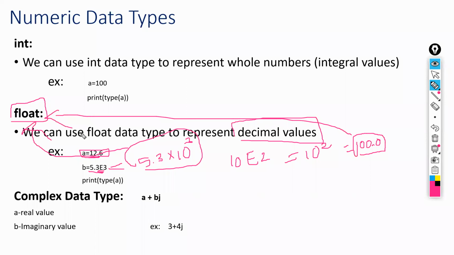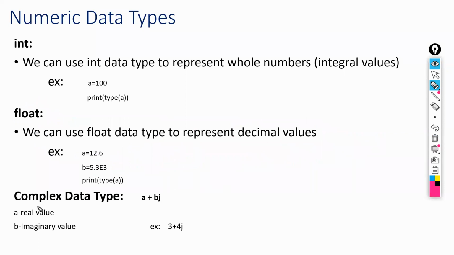Now, I already explained the complex data type a plus bj. A is the real value, b is the imaginary value. This is the example. Any doubts till now? You can unmute yourself and ask.